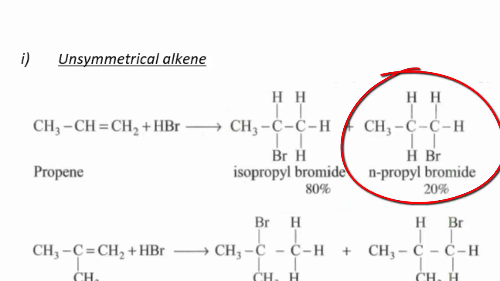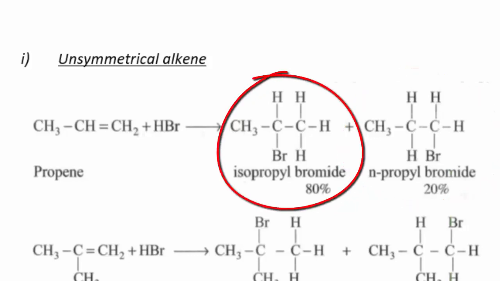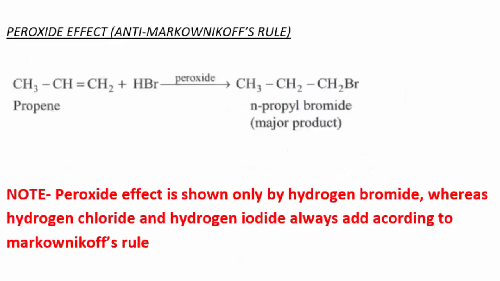So out of those two, isopropyl bromide will be the major product as per the Markovnikov rule. Next is the peroxide effect, that is also known as the anti-Markovnikov rule. The anti-Markovnikov rule says that whenever we react any unsymmetrical alkene with hydrogen bromide in the presence of peroxide, then the addition of hydrogen bromide takes place opposite to that of the Markovnikov rule.